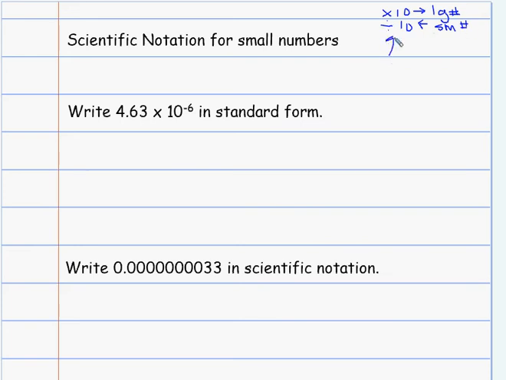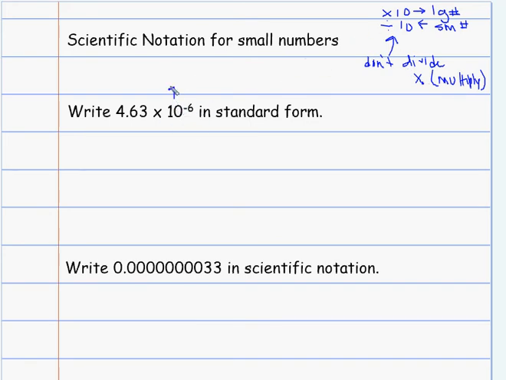But we never divide. Don't divide. We need to multiply. So we are dividing, but we need to show that division as multiplication. So we need to multiply by a negative power of 10.